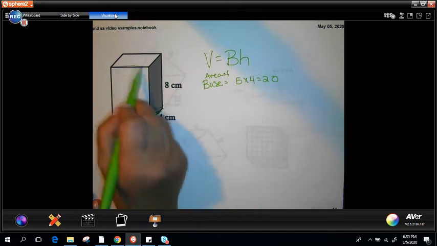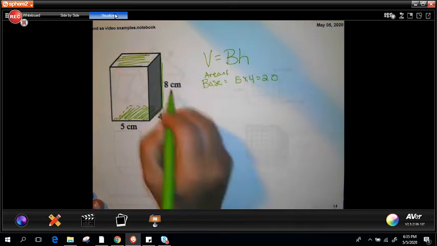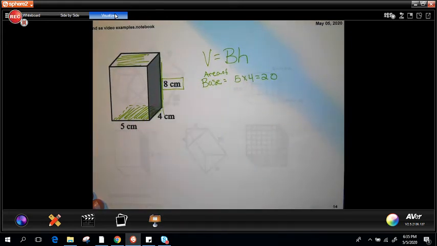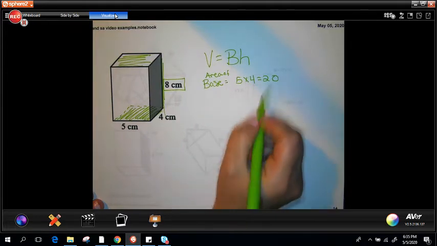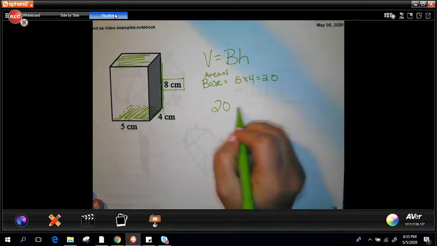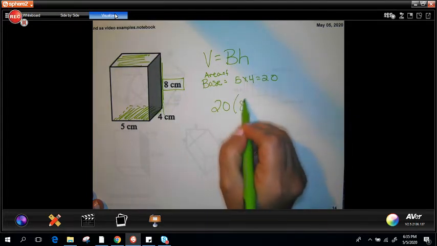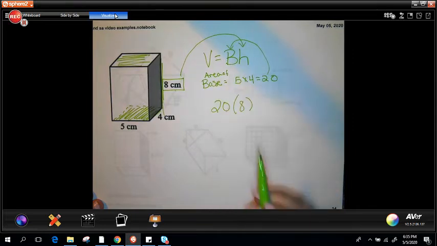And then I find that other base, and the side that connects them, that is the height of the prism. So big B would be 20, and H, the height, would be 8. The height was H.